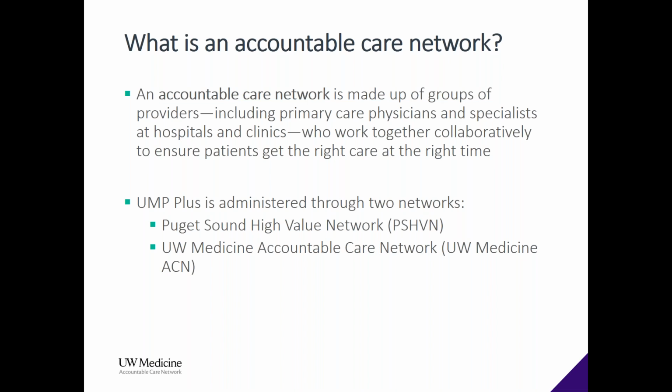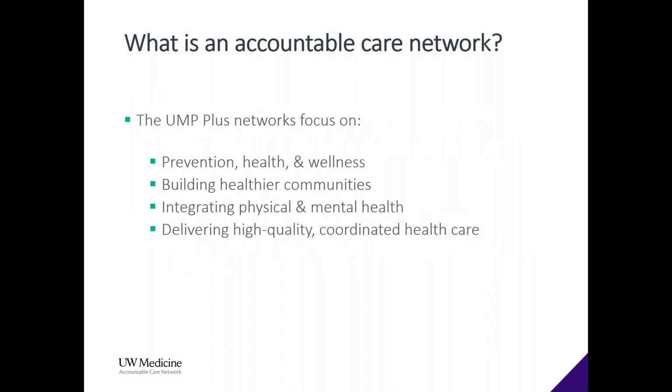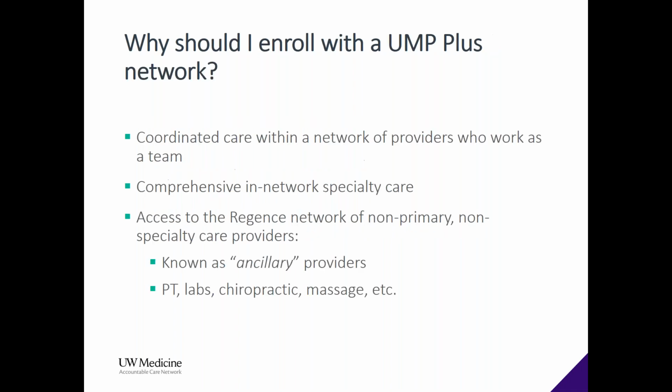And they agree to be held accountable to standards for the quality of the care they provide. The providers who participate in the UMP Plus plan are, in turn, dedicated to preventive health care, consistent engagement with patients, and improving health outcomes. Tina from the UW Medicine Accountable Care Network will elaborate on this idea in a moment.